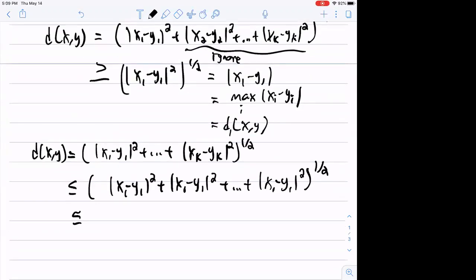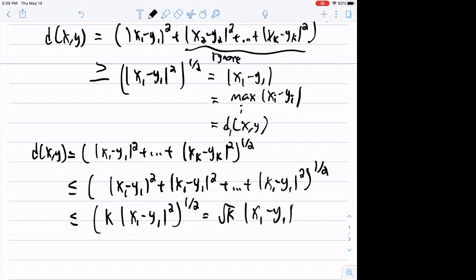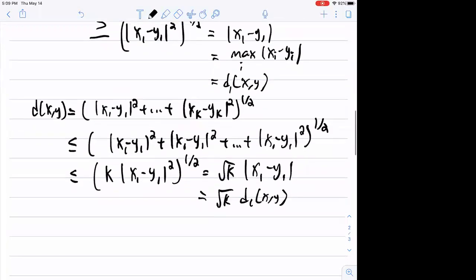So this thing is k times (x1 minus y1) squared, to the 1/2. So this is root k times |x1 minus y1|, which is root k d1 of xy, right? So I have this thing right now.